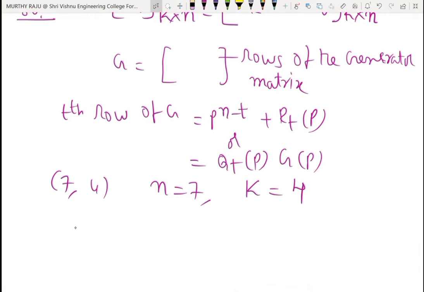K is equal to 4 means the 4 rows are there. T value is 1, 2, 3, 4.